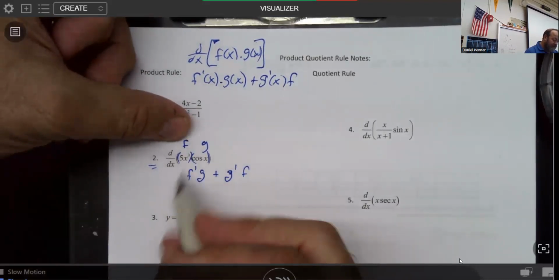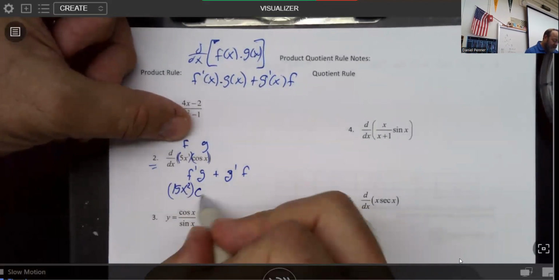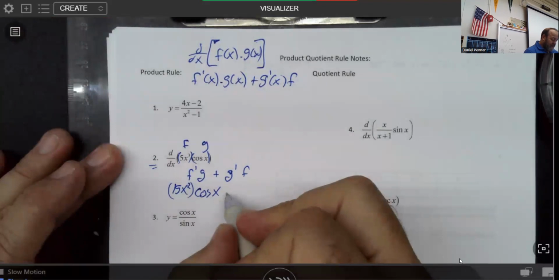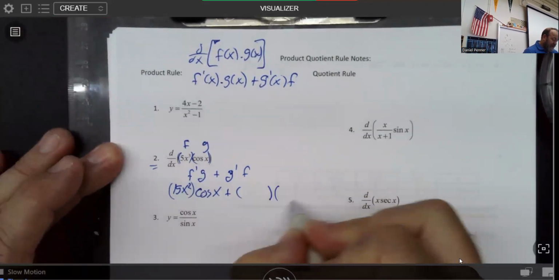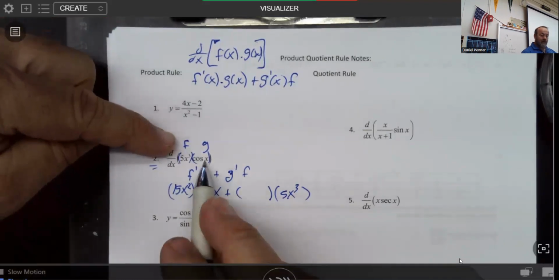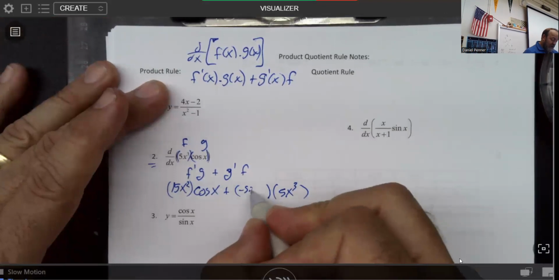The derivative of 5x cubed is 15x squared. G, of course, is the cosine. F prime g doesn't change that second piece. But then we have to do plus g prime f. And now the f is not going to change, but the derivative of the second piece will, and the derivative of cosine is negative sine. So this is a good answer.